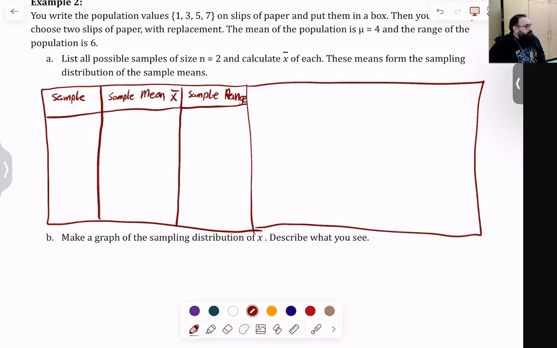And you're going to write it again: sample, mean, sample range.